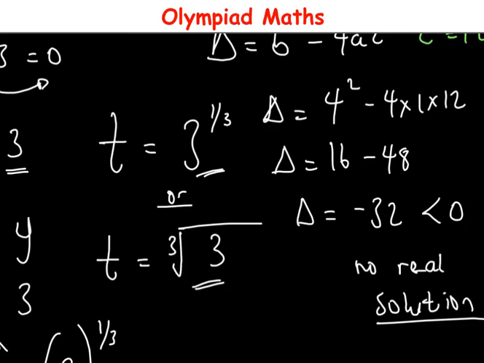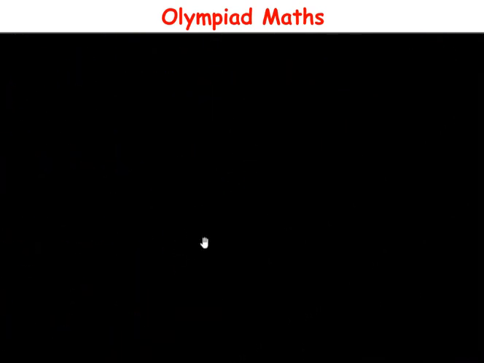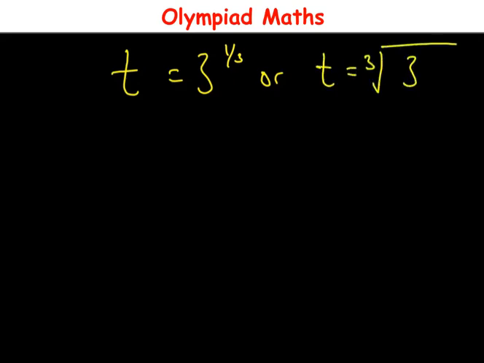Now let us check if this solution of t is the correct solution. Okay, let us confirm that. So right here, we got the value of t: t is equal to 3 raised to power 1 over 3, or this can be written as t equals the cube root of 3. So the question is t raised to power 9 plus t raised to power 6 is equal to 36.